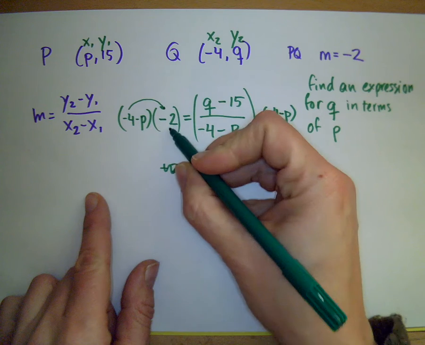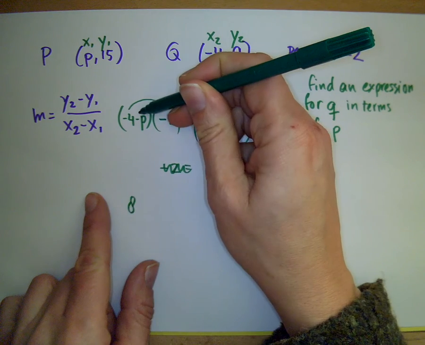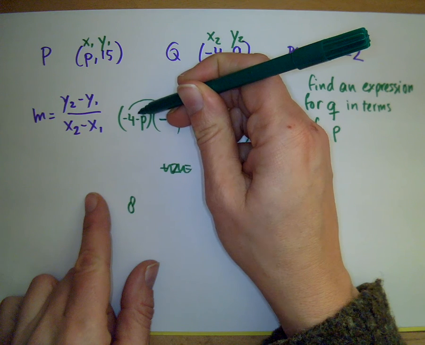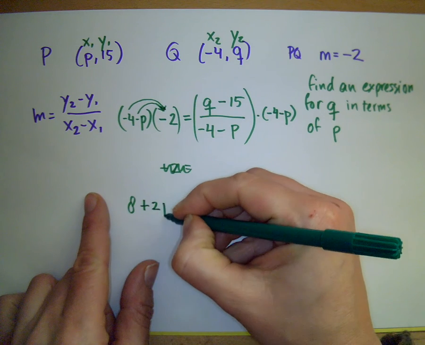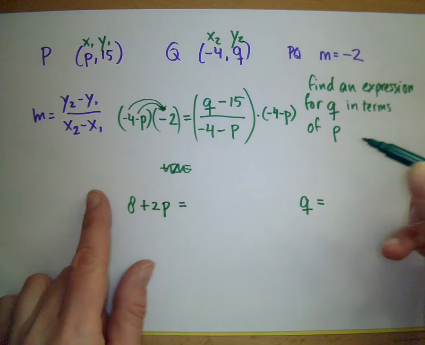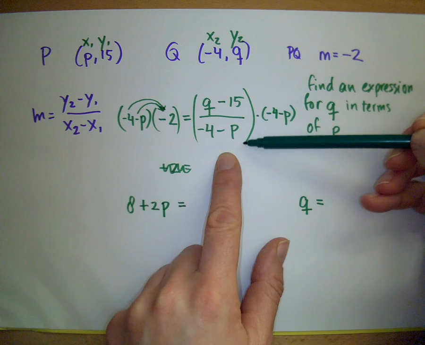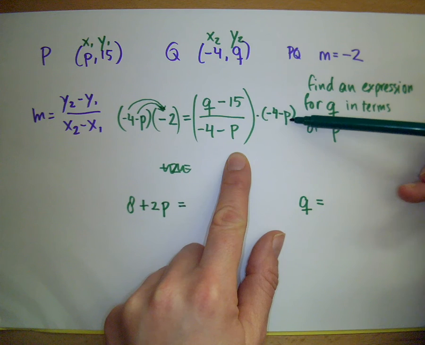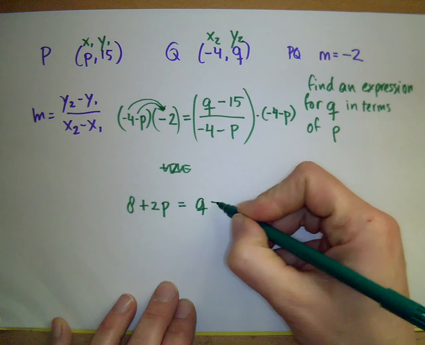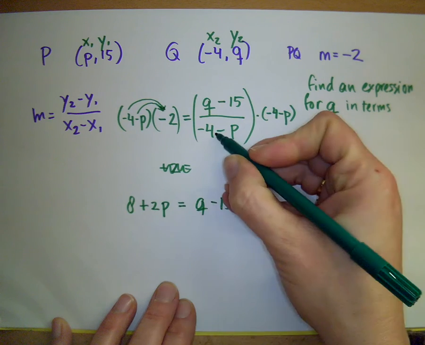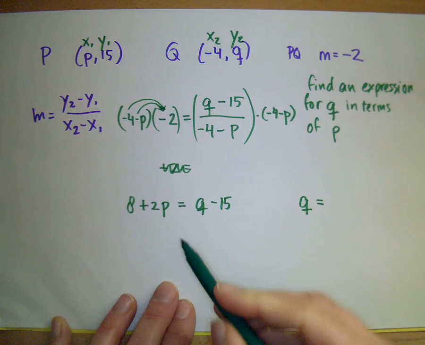Yes, -4 times -2 is 8. -p times -2 is a positive 2p, right? Something divided by -4 minus p multiplied by -4 minus p is just q minus 15, right? This cancels this bit out, so we're just left with q minus 15.